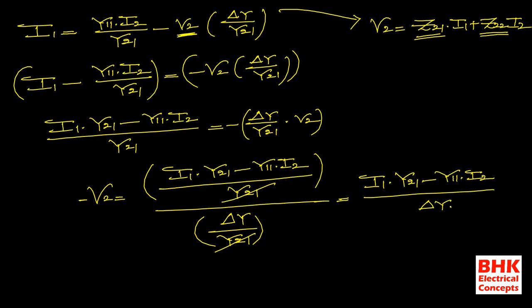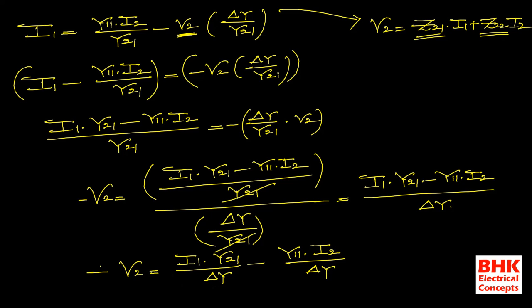Now from this expression we can write minus v2 is equal to I1 into y21 divided by delta y minus y11 into I2 divided by delta y.